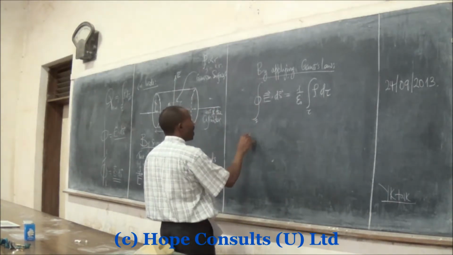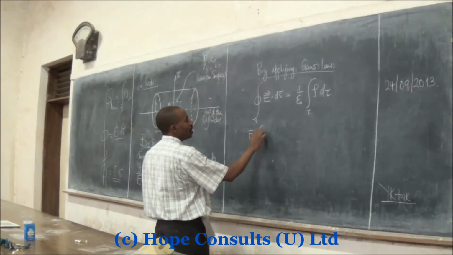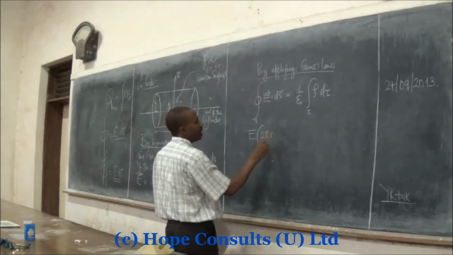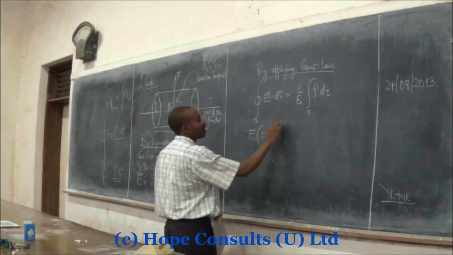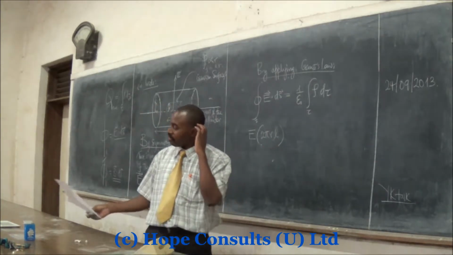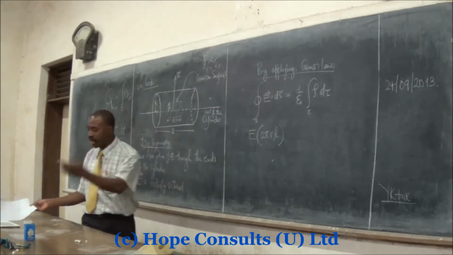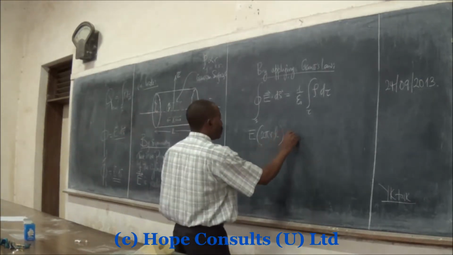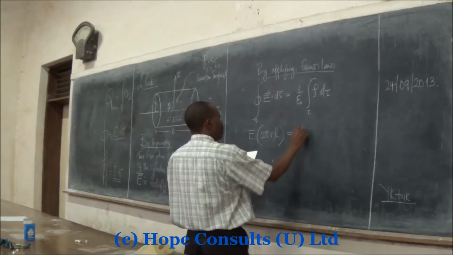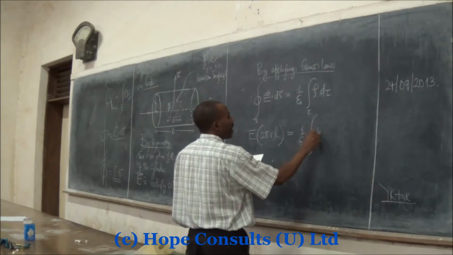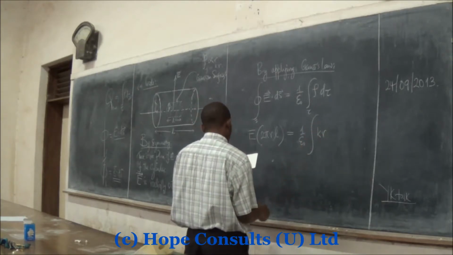So I will have E, the circumference, which is 2 pi r, and then I multiply by the length L. That would be the left-hand side of our Gauss's law. And this would be equivalent to 1 over epsilon naught, and then we integrate kr.